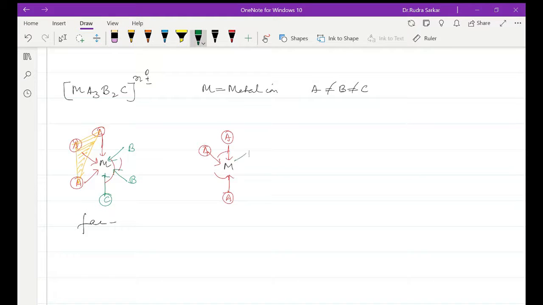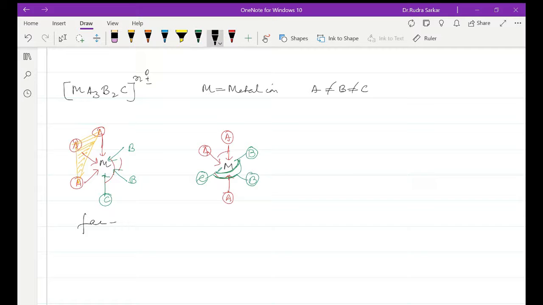Now you think of placing the B. Here both the B's are at 90 degree to each other, but the C is having an angle of 180 with one of the B atoms and 90 degree to the other B donor atom.